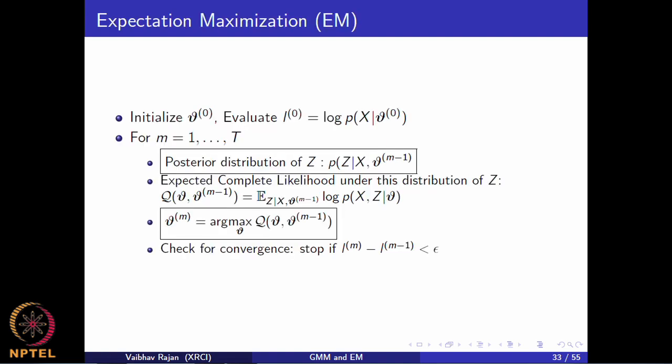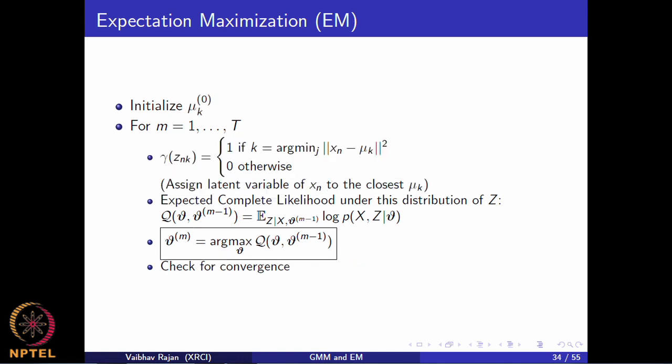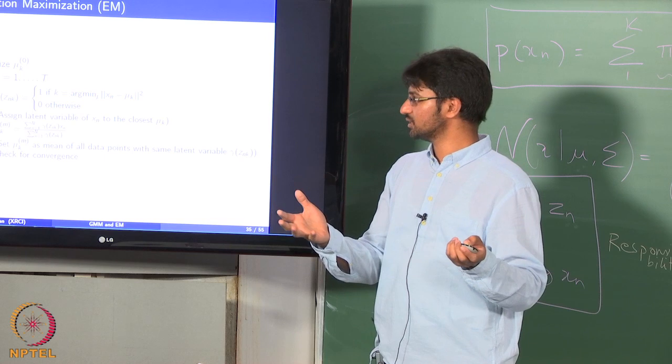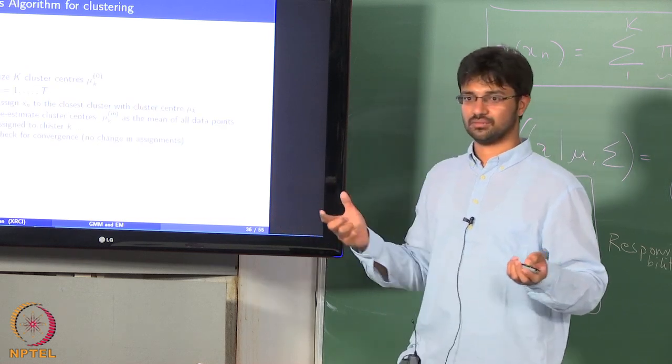So, this is the general EM. We first calculate the posterior distribution of Z, which we saw is exactly this. You assign the latent variable of xn to the closest mean, right, and then set the new mean as the mean of all data points with the same latent variable, which is just the k-means algorithm, right.